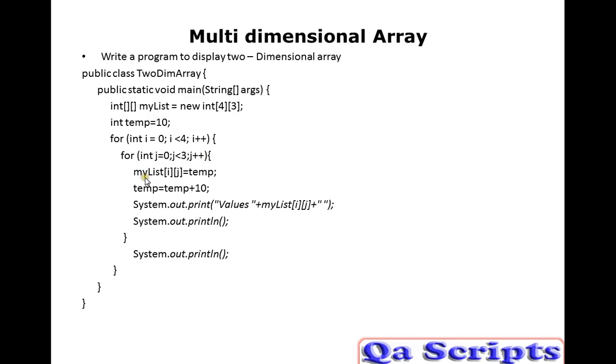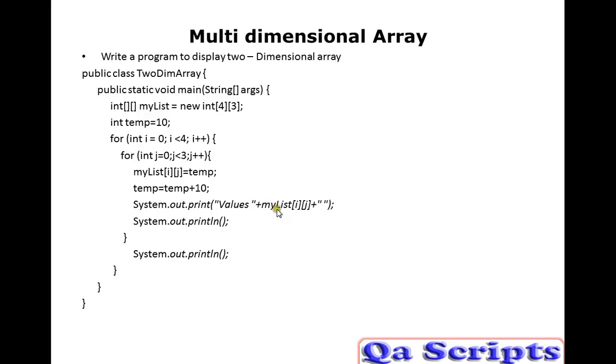Now what I am doing here is using my list[i][j] = temp, so the first time, my list[0][0] will be 10. Next, I am using temp = temp + 10, increasing the value of temp by 10. Now it will print out the value of my list[0][0], that is 10, and when it goes back to the for loop, the j value becomes 1 and the i value remains 0.